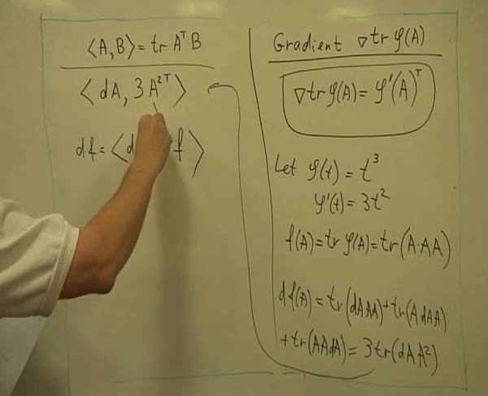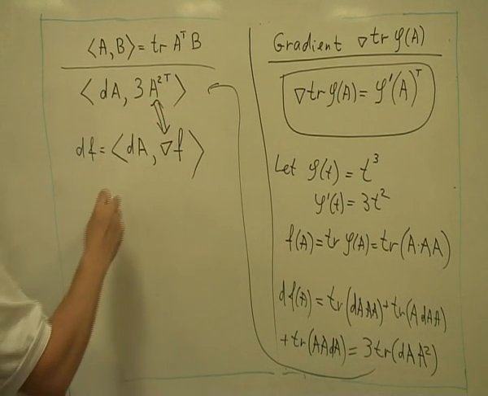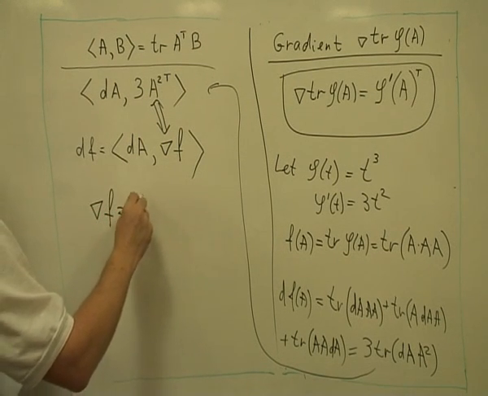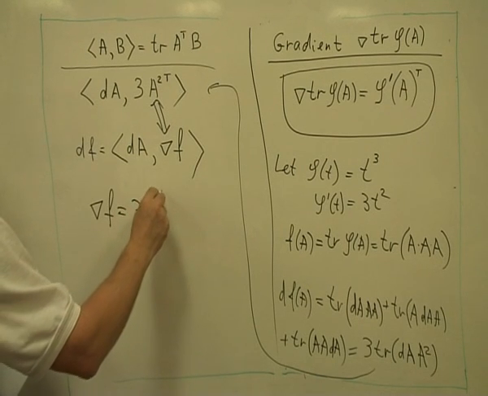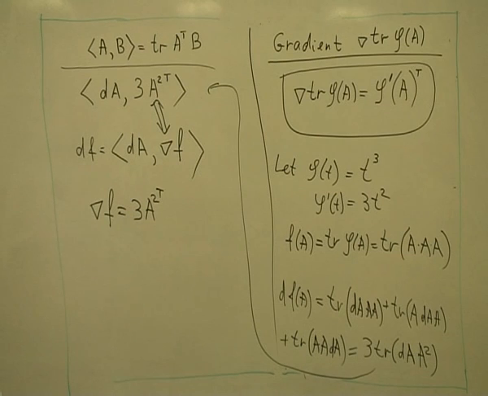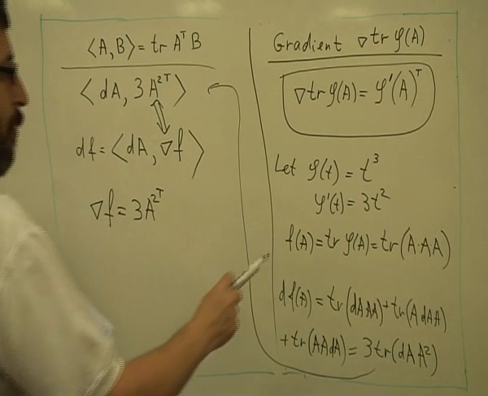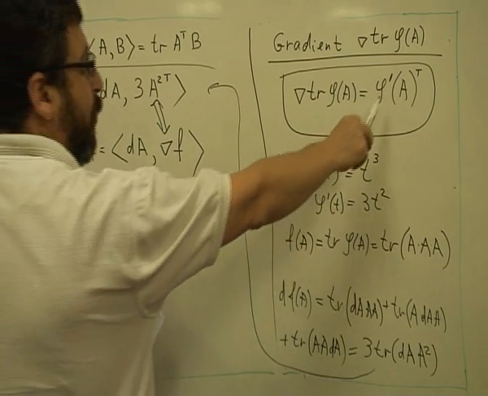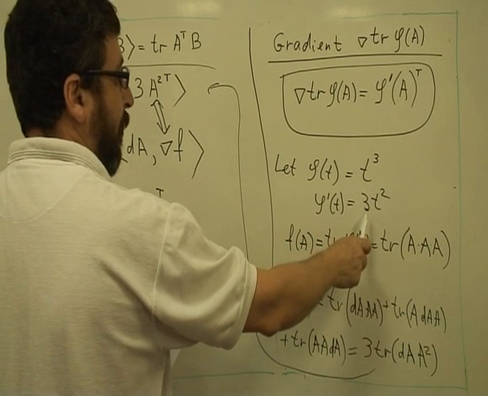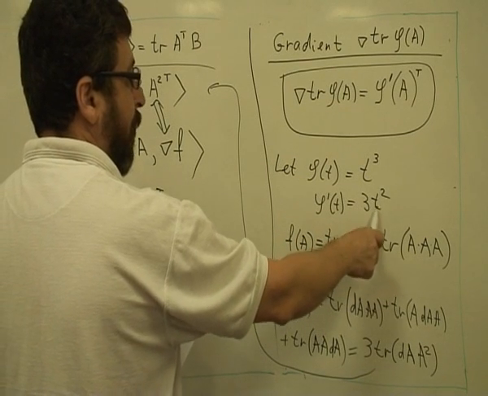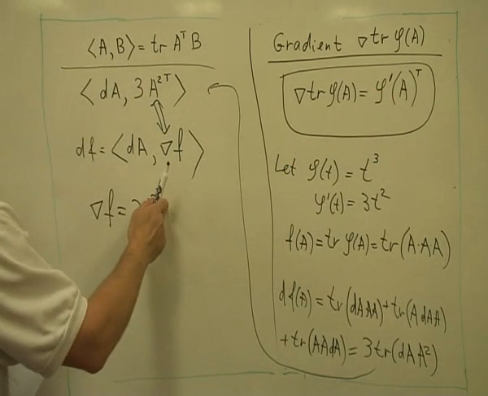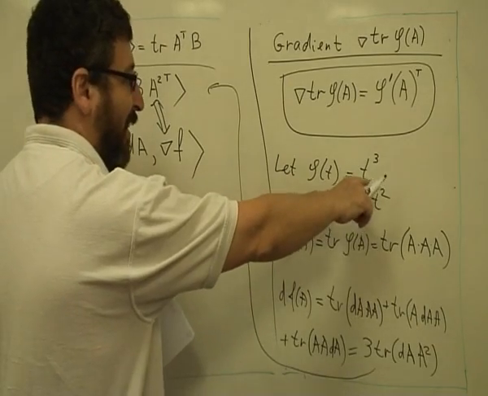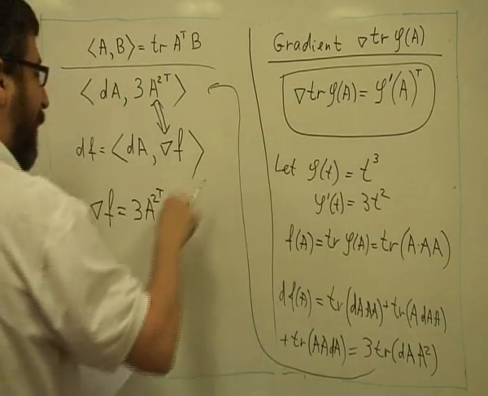So this is the gradient. Gradient of f is 3 A squared transpose. But if I compute phi prime of A, this exactly will be 3A squared, and the transpose is here. So we got, at least in this case, that this formula is correct.